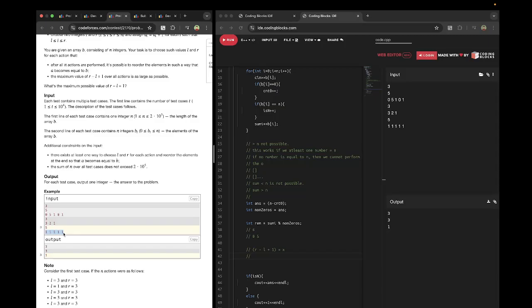If I cover them all, I need to do it n times. N times. N freaking times.